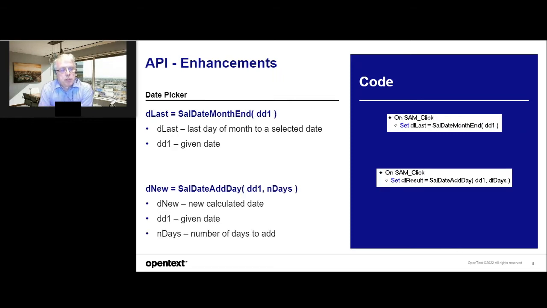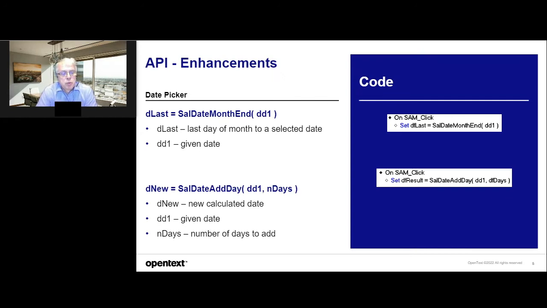SalDateMonthEnd means you choose a special date inside the date picker control, and you get the last day of the month. Like for February, you get the 28th or 29th of February, and you can pass in the given date for which you want to calculate the end of the month.